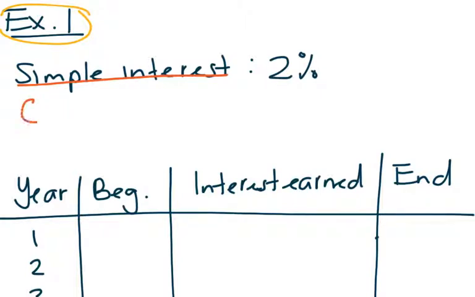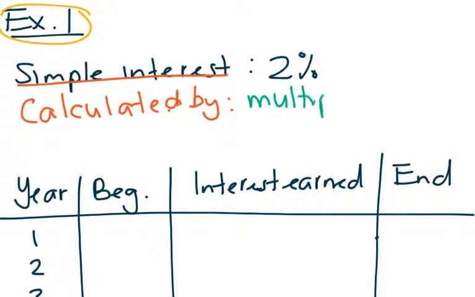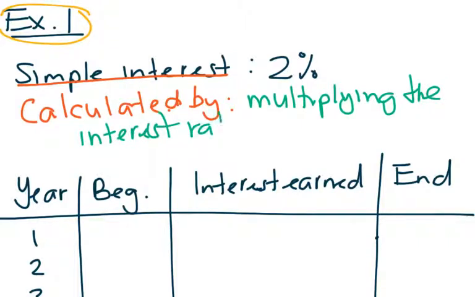So let's make a really quick note. At the top of your page, we're going to first work with the chart that says simple interest. And we're going to write the note that simple interest is calculated by multiplying the interest rate by the initial amount that we invested, the beginning first amount, same thing.